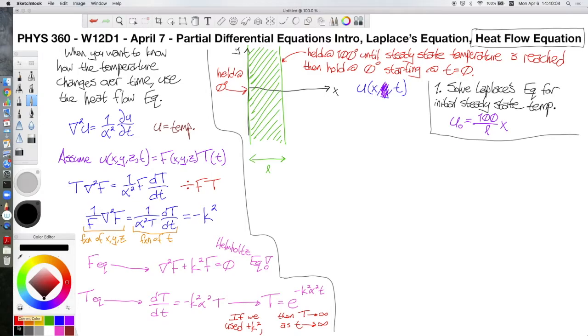The next step is that starting at time t equals 0, whatever function we have has to satisfy the heat flow equation. The initial steady state temperature had to satisfy Laplace's equation, but the rest of what we're going to do, we want to know how things change over time, and that is determined by the heat flow equation.